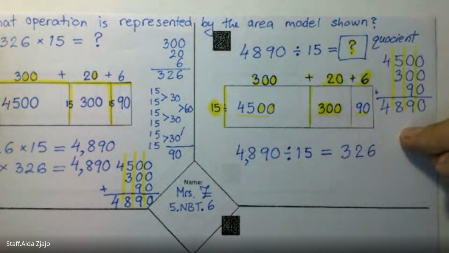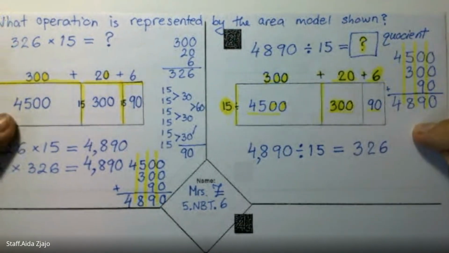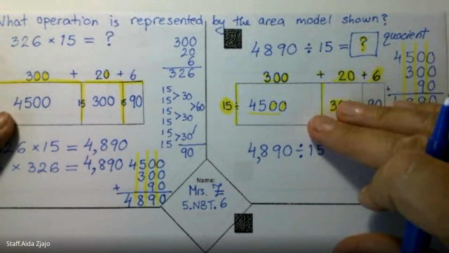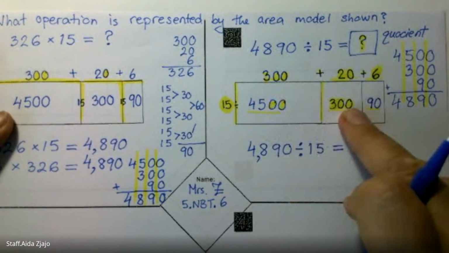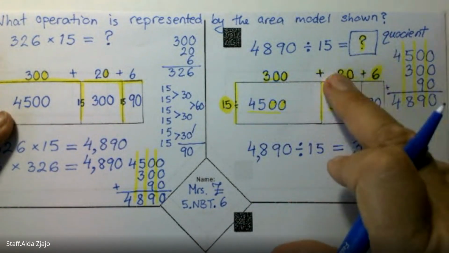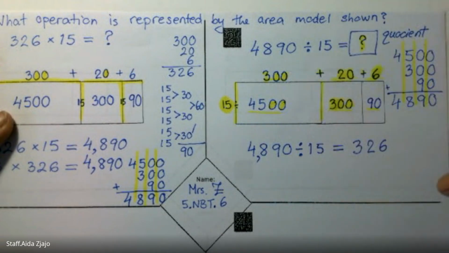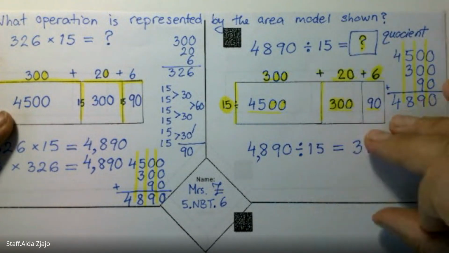Okay, so the reason I'm teaching this is because on the test, sometimes you do have these numbers, like 4,500, 390, 620, 30, even other numbers that are not part of the solution.